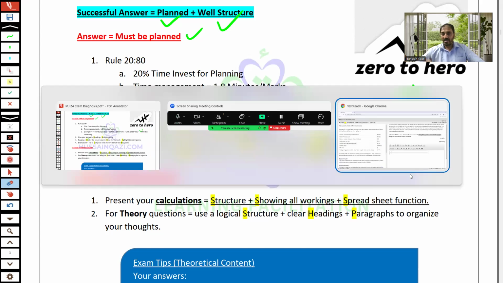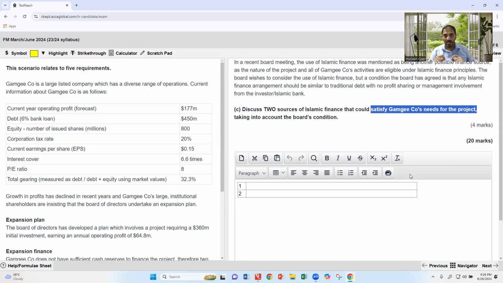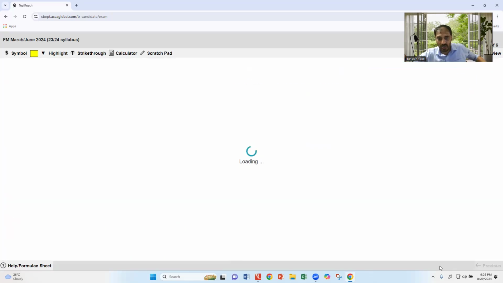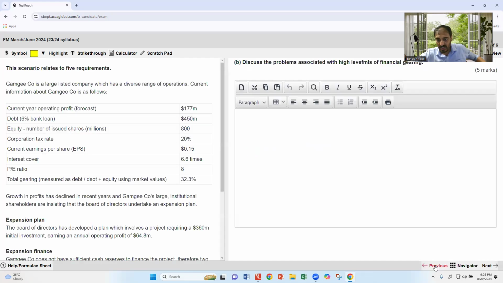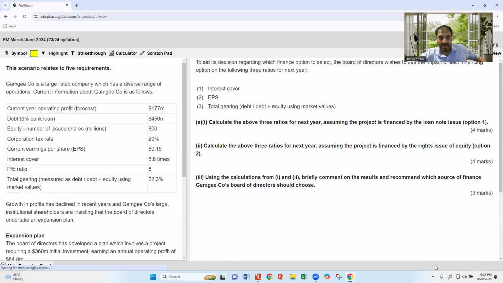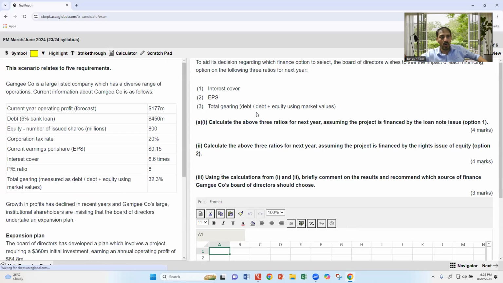So students, if you really want to become a hero, be with me. This is a question. Let's practice the question and work out accordingly.